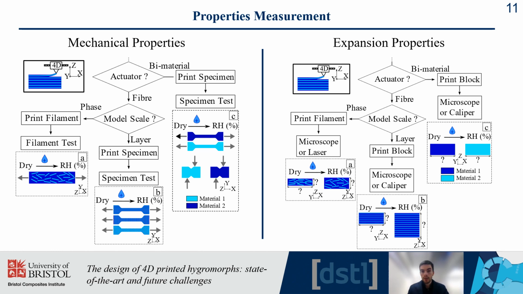The expansion property, which is the ability of the material to deform in different directions, also depends on the shape of the specimen implemented, and it would be interesting to know which are the ideal shapes in order to measure these techniques. And finally, there are different types of parameters which are used to measure this expansion capability.